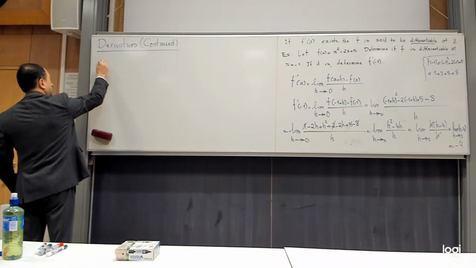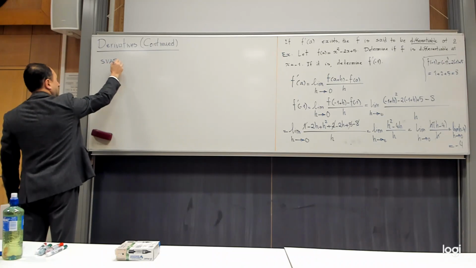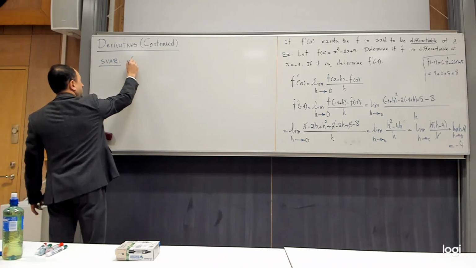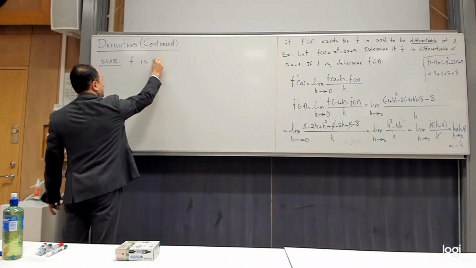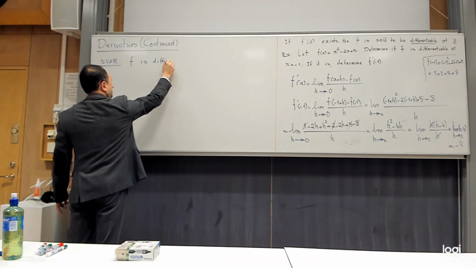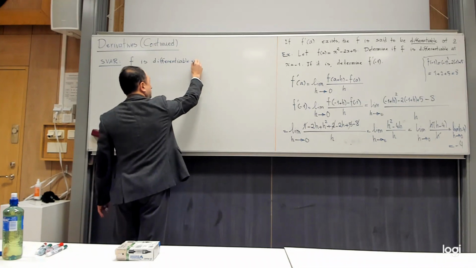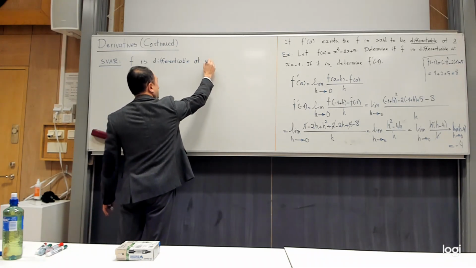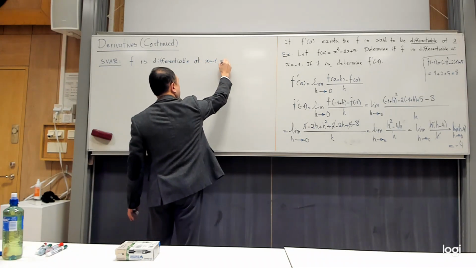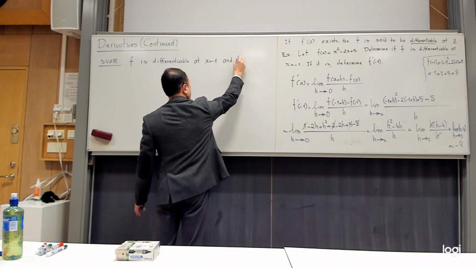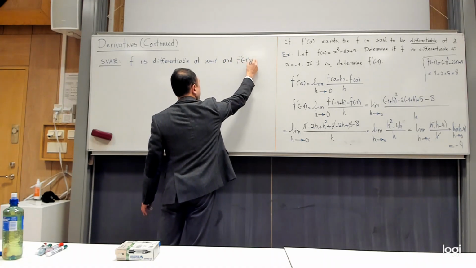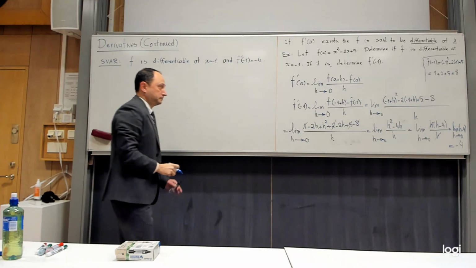So your answer is: f is differentiable at x equals -1 and its derivative at -1 turns out to be -4.